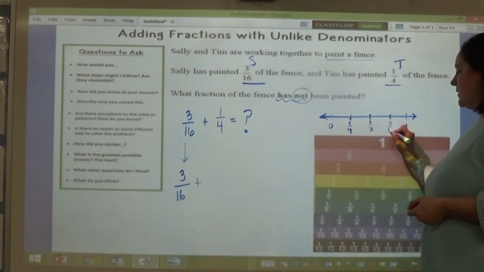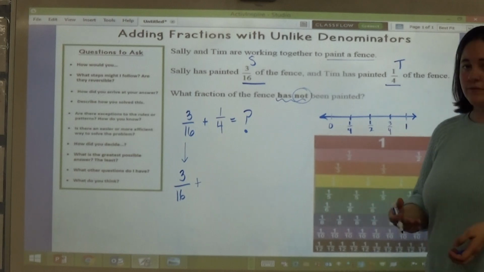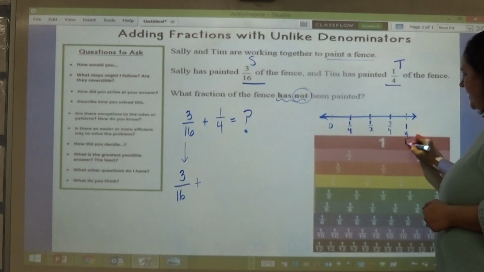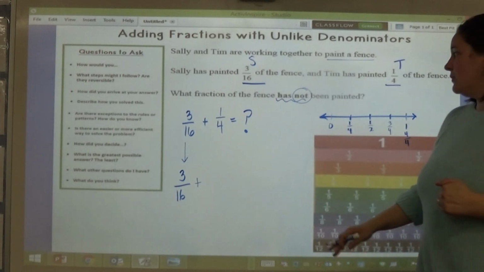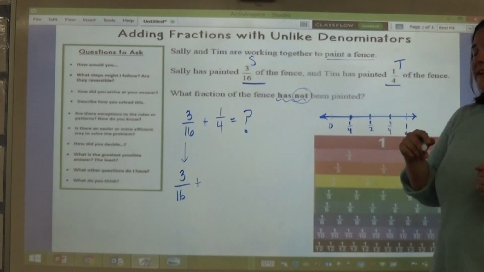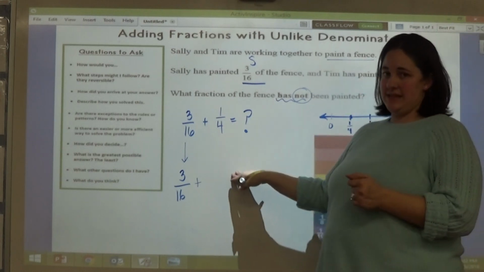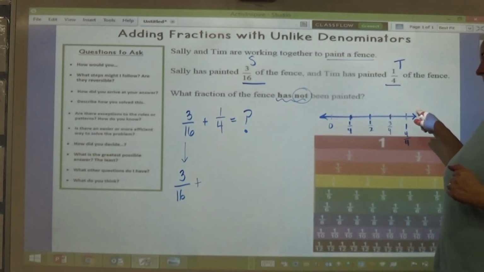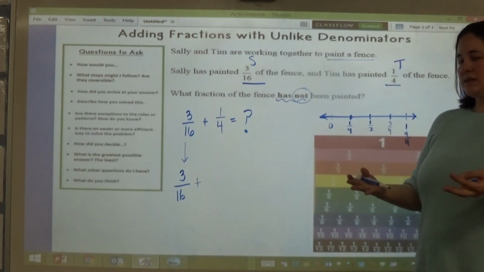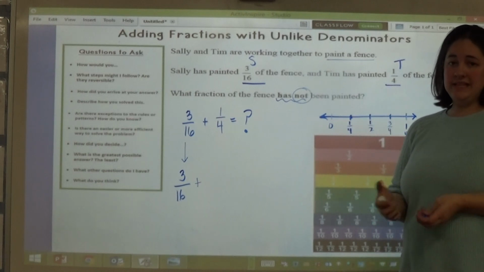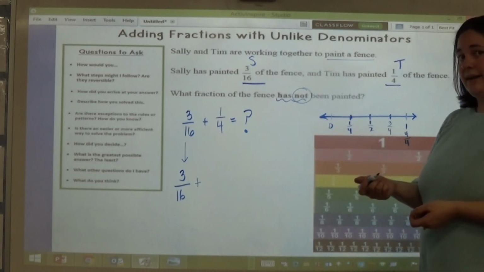This would be 3/4, and then we have 4/4, okay? And I'll write that as well. Now, that's nice that we can identify 1/4 on the number line, but we're looking for 16ths. So if we have 4 equal parts already, how can we get 16 equal parts? We could take each part and break it into 4 parts, because 4 times 4 is 16. So let's go ahead and do that, okay?